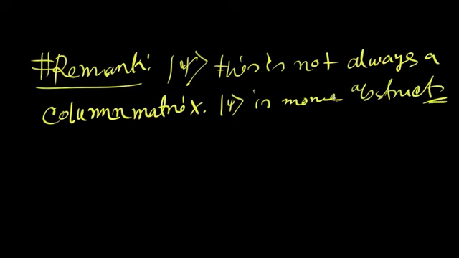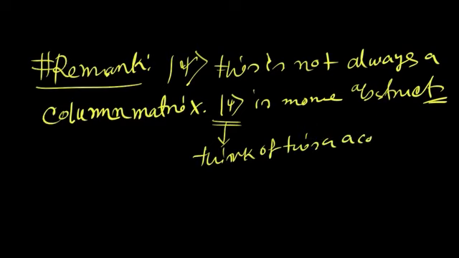But for now, whenever we see a ket, we will be thinking of this as a column matrix. But you have to keep in the back of your mind that this is not always a column matrix, and we'll discuss more when we talk about vector spaces in detail later.